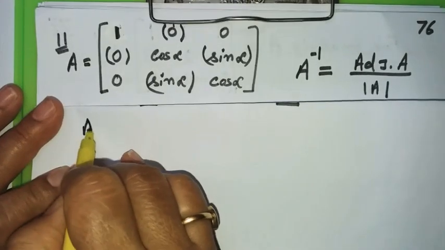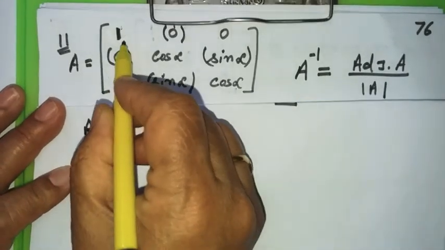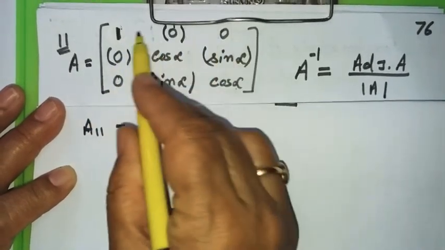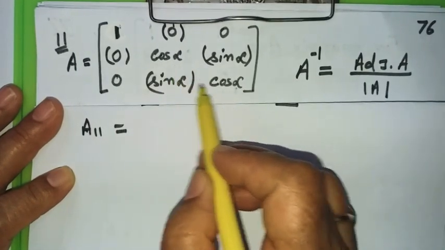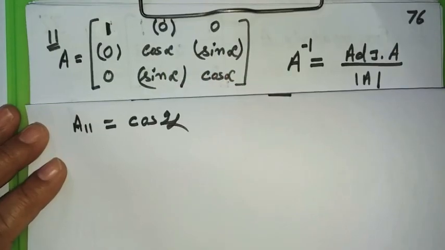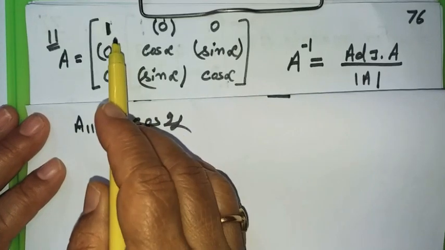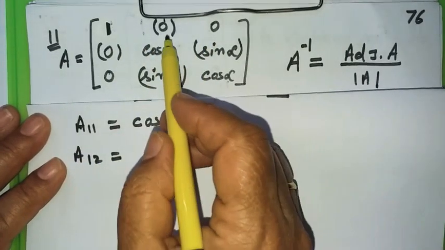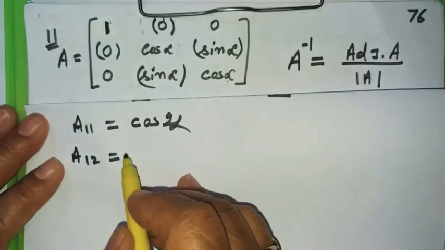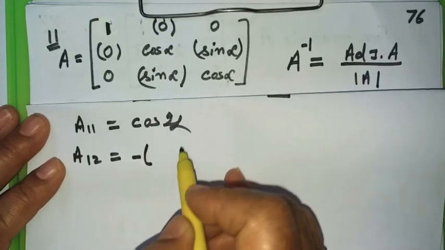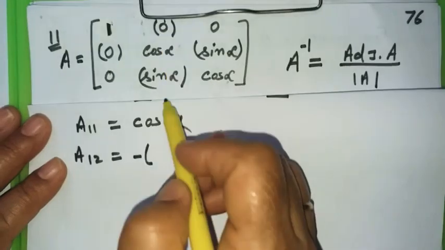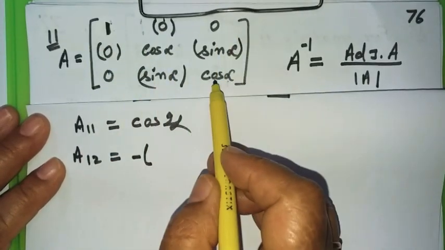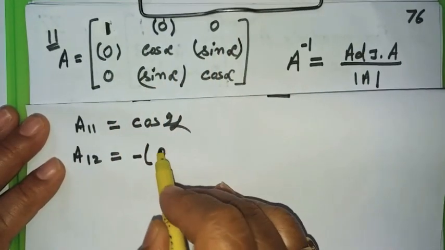So let me first find the cofactor of the first element, which is 1. It is going to be, neglecting the row and the column, cos square alpha minus. So we are finding the cofactors of every element. Next, cofactor A12, that is the cofactor of 0. It is going to be negative of, and we change the sign, neglecting the row and the column, 0 into cos alpha minus 0 into, so this is 0.